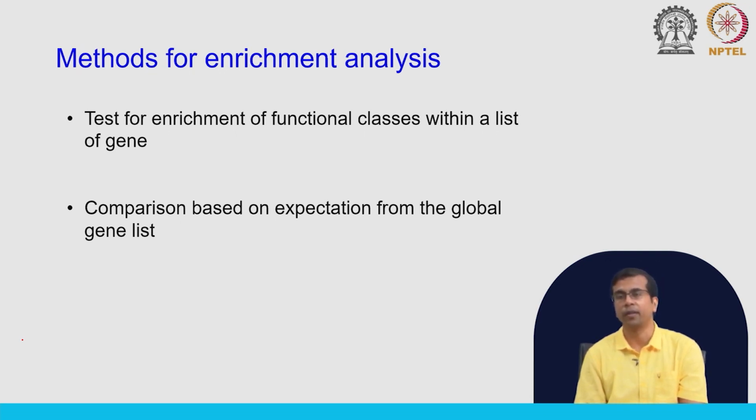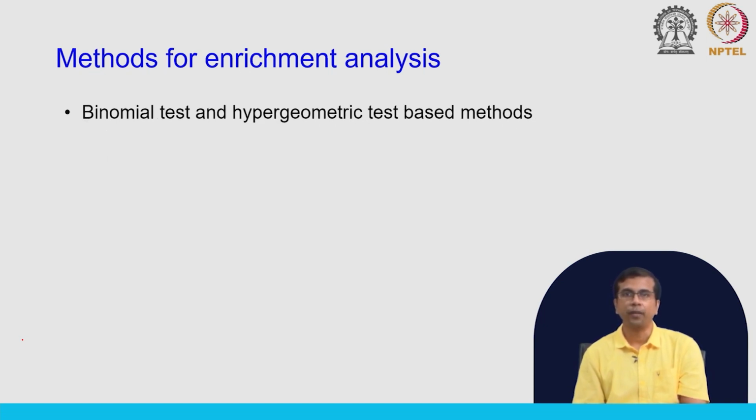If you are looking at an organismal level, this would be the global gene list, or maybe the gene list that you started your experiment with. Maybe you are studying only a part of the genome, so that will be your global gene list. Now, these methods rely on specific statistical tests. Some of these methods are implemented as binomial tests and some of them as hypergeometric tests.